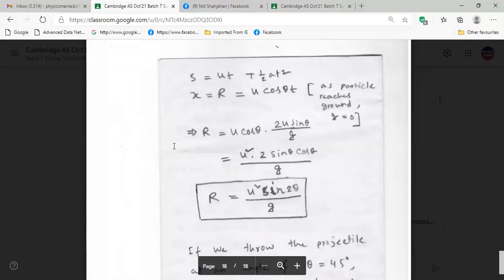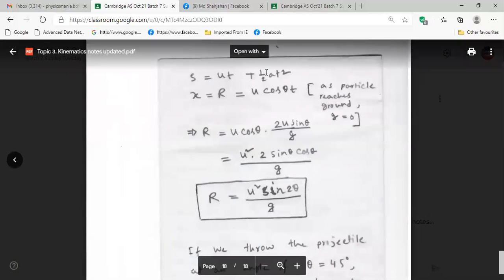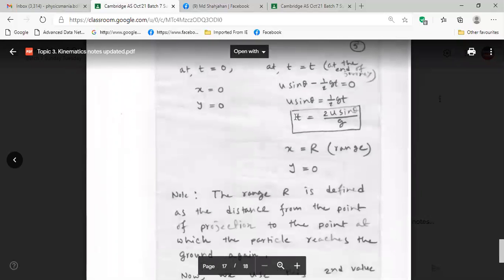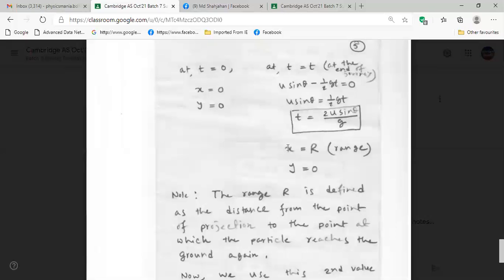Now look, we have our equation S equals ut plus half a t square. This formula, right? Yes, sir. We already got this relationship of time, and we are saying x equals r.